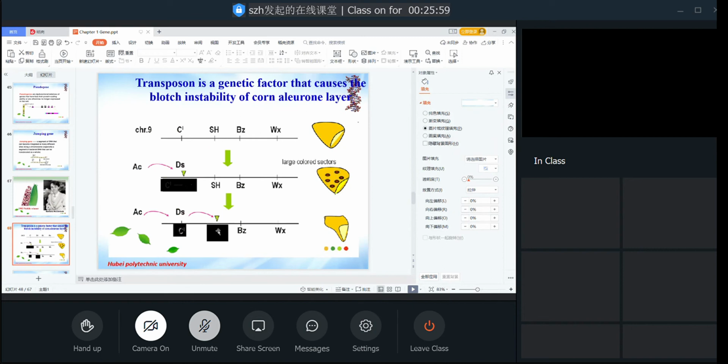Later, scientists doing research on bacteria found this kind of phenomenon. In the genome, there are some special sequences, transposing, that can be moved from here to there and integrated at a different location in the chromosome.